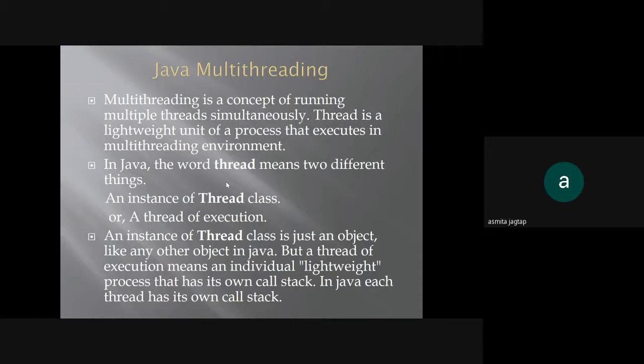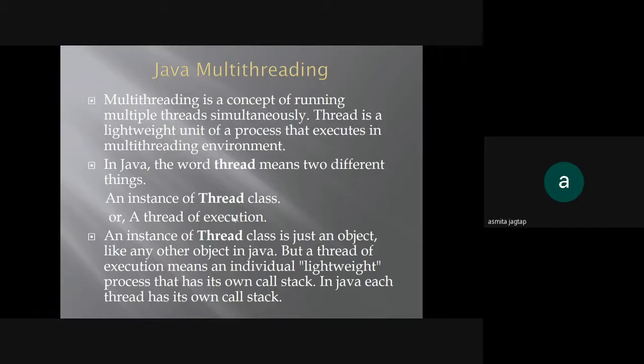That concept comes under multi-threading. So in Java, thread has two cases. Thread is a Thread class also. We'll see how to create a thread; there are two ways: implementing the Runnable interface, which we have already discussed, and extending the Thread class. These are the two ways by which we can implement a thread.